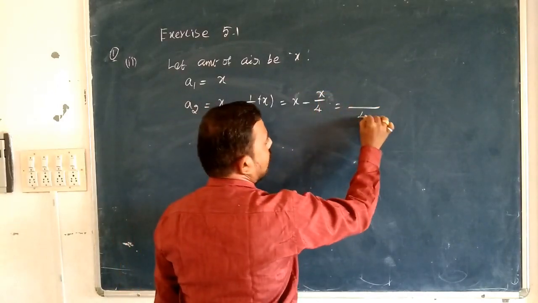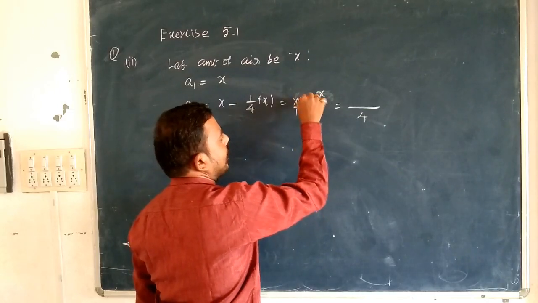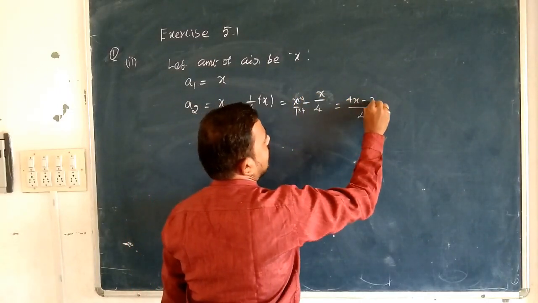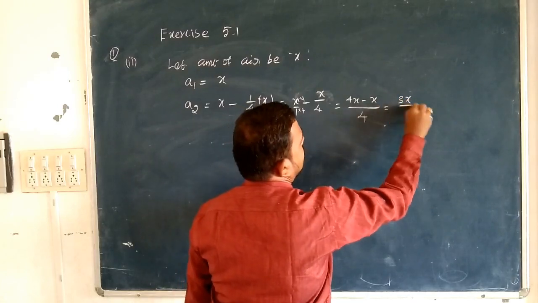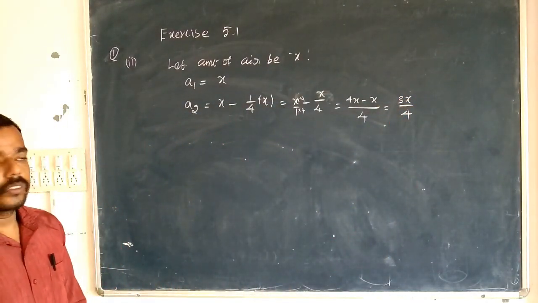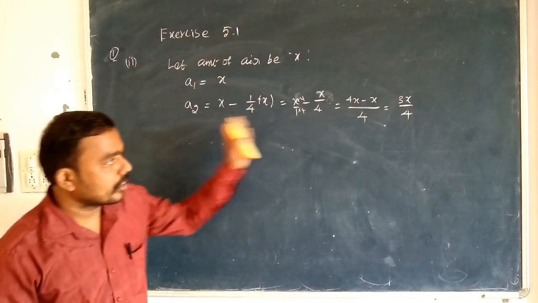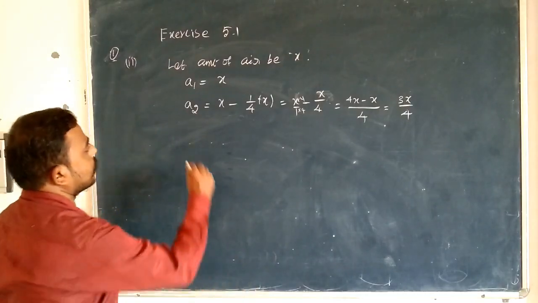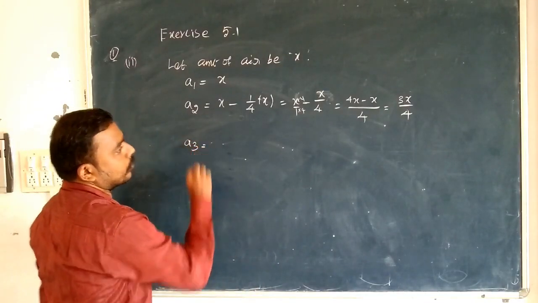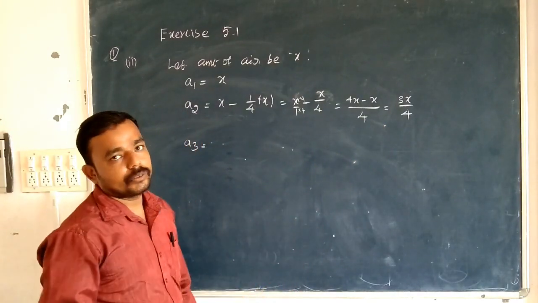The LCM is 4, so we multiply by 4 in numerator and denominator. So 4x minus x, so the value is 3x divided by 4. It is better to write this step by step, but for your understanding I have just written it here. Now the third one, A3: from this, 1/4 is removed.